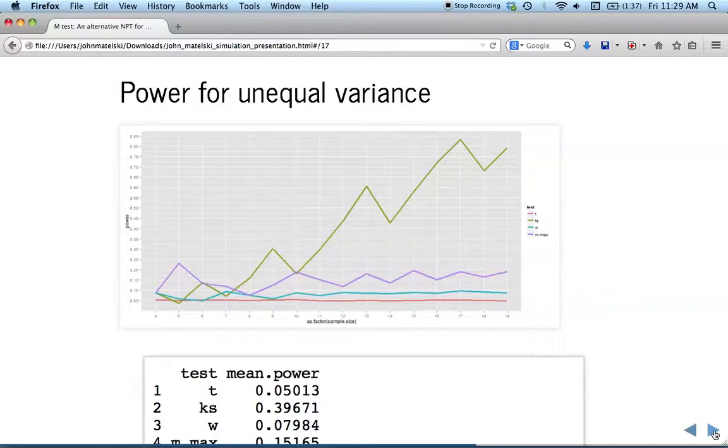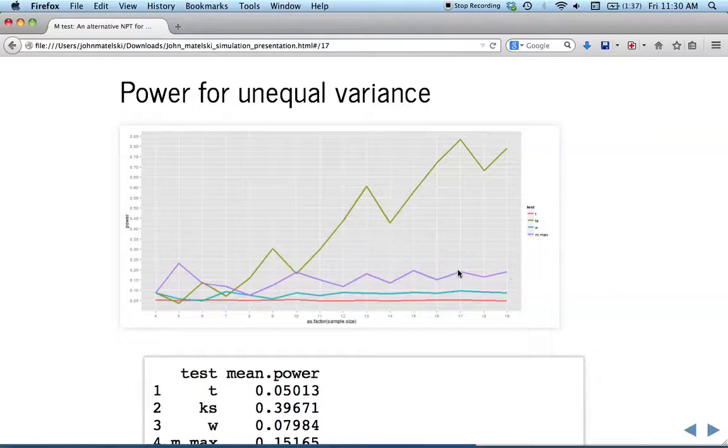And what we see is that the KS test is the only test that seemed to get it, quote unquote. Meaning, even at sample sizes of 19, the other 3 tests were still under 20% power. I'm reading this right off the graph. I don't have this written down.